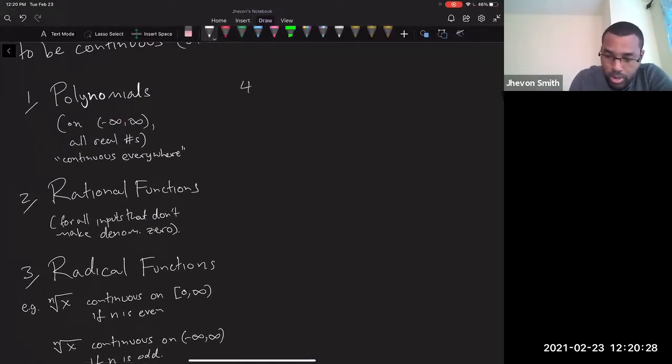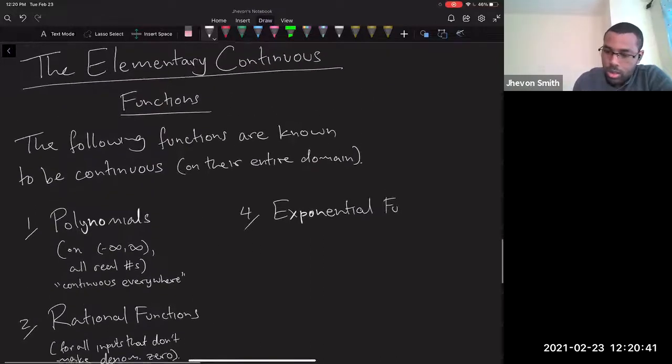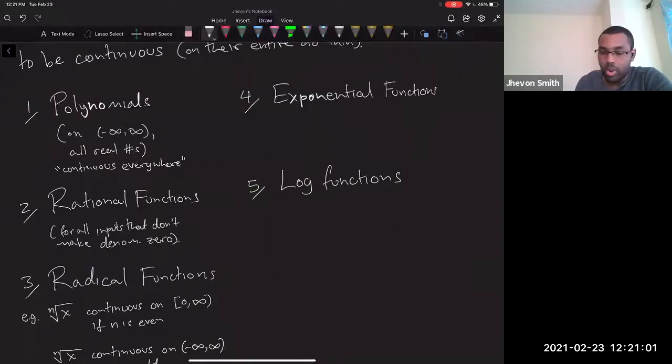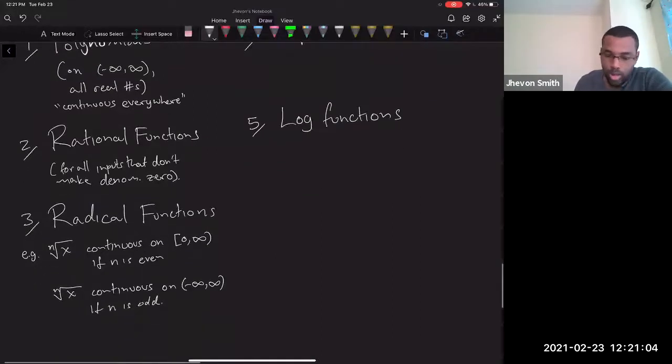The fourth type is exponential functions. These are continuous on their domain. Fifth, log functions. These are continuous on their domain, which means as long as you're not taking the log of something negative or 0, it will flow.